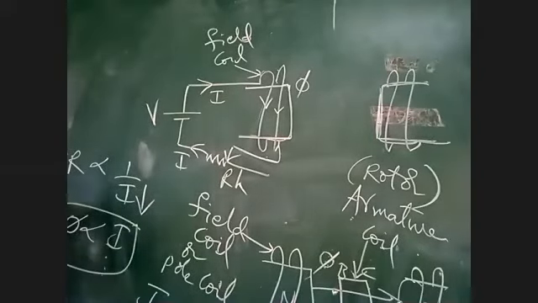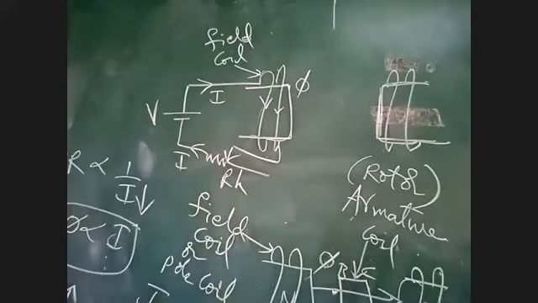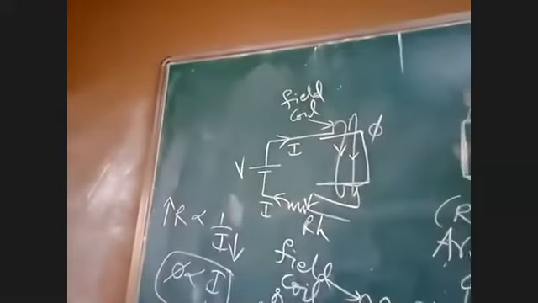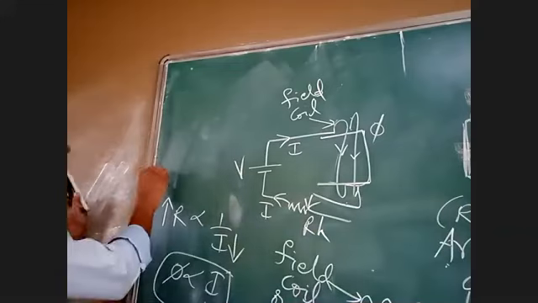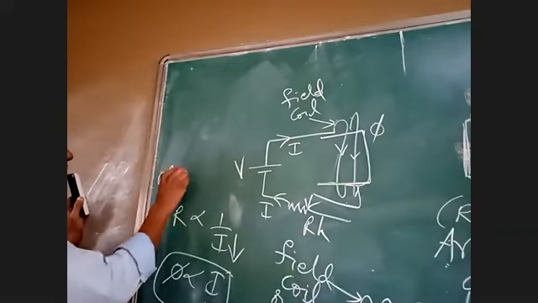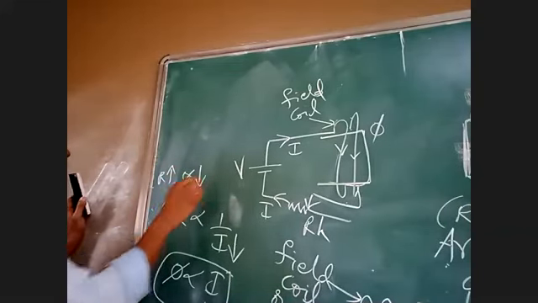That means if R is high, your current will be less, and flux will be less.